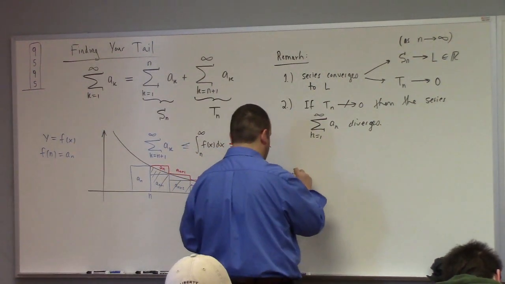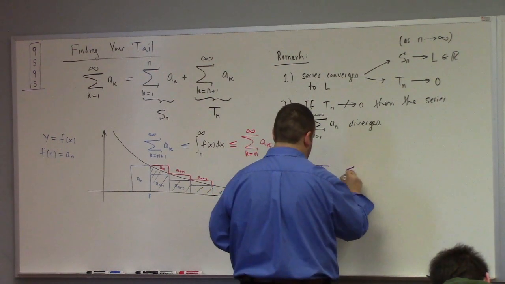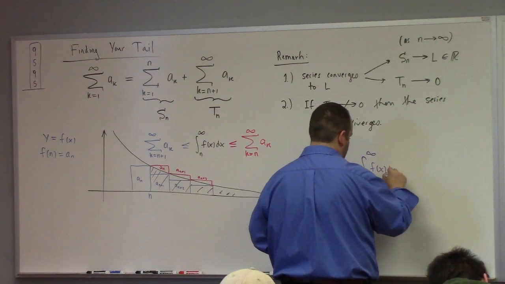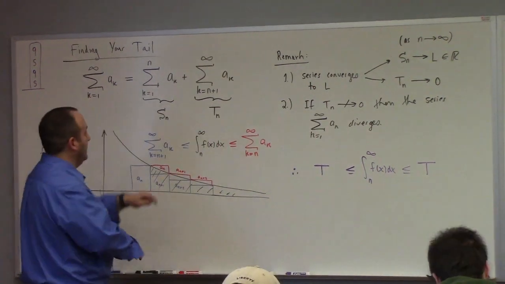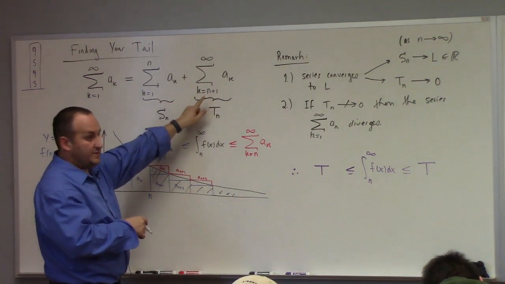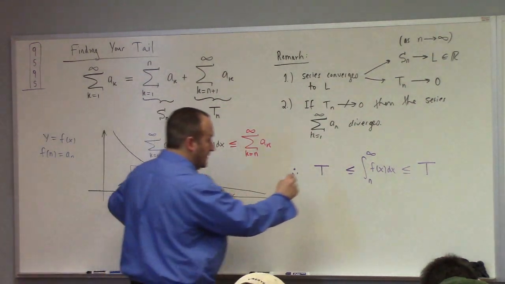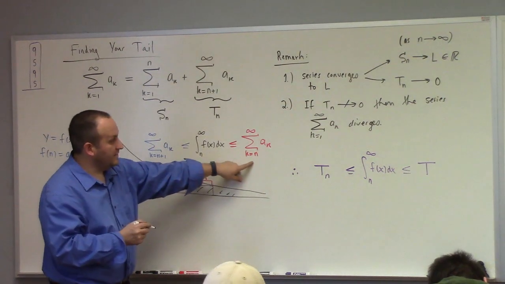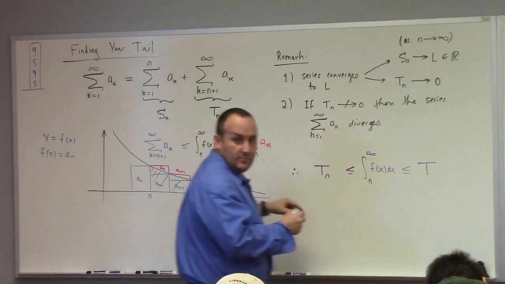Therefore, t sub n is less than or equal to the integral from n to infinity of f of x dx, which is less than or equal to t sub n minus 1. Since the sum from k equals n plus 1 to infinity is what I defined to be Tn, it is below, and then by definition, above, we have t sub n minus 1.